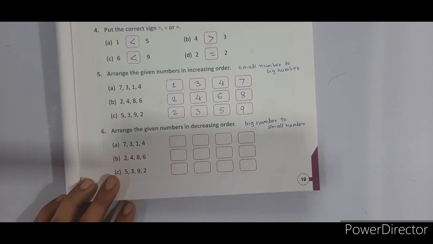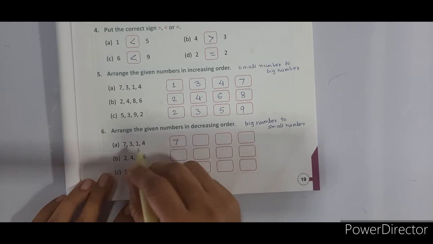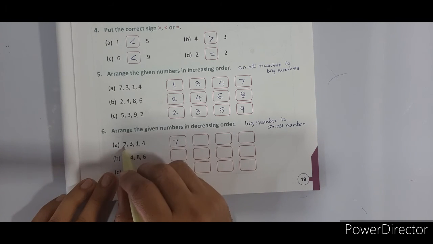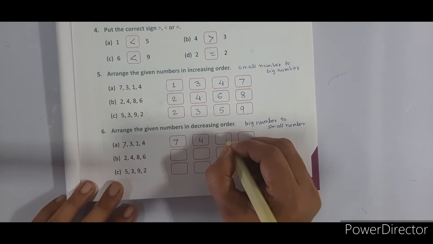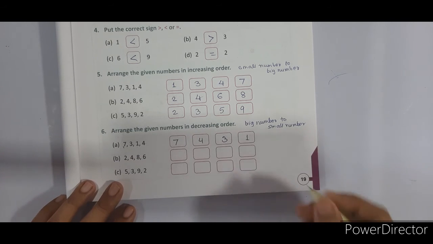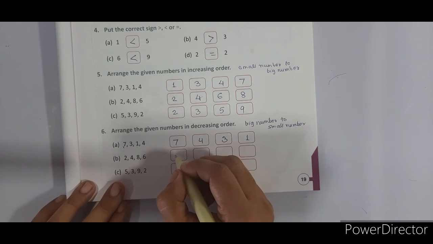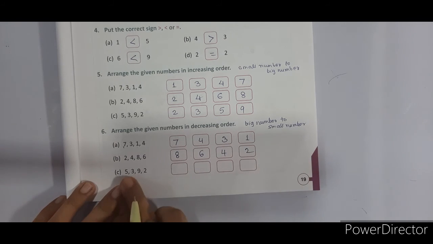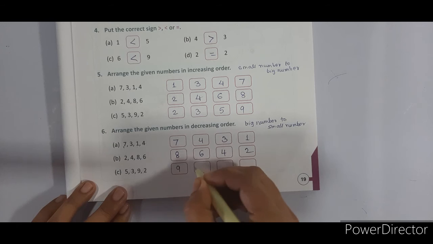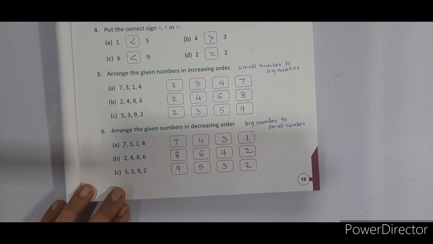So out of these numbers, 3, 7, 3, 1, 4, the big number is 7, then 4, then 3, then 1. Then out of these 4 numbers, big number is 8, 6, 4, 2. Here 9, 5, 3, 2. Write down.